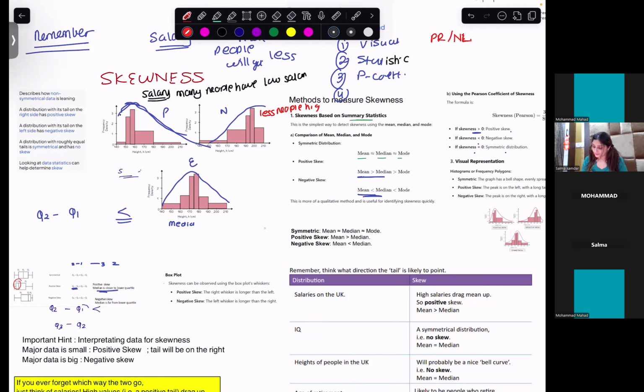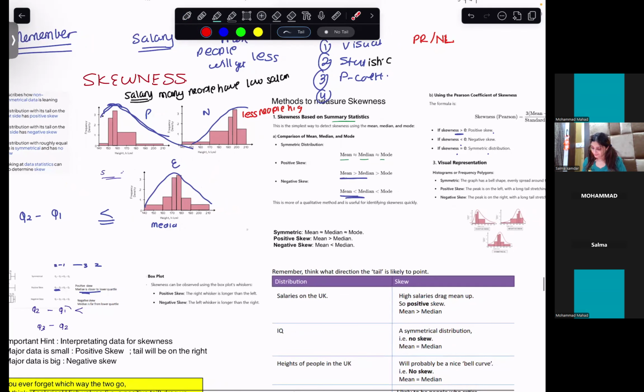The third one, which is the symmetrical skew, shows that the data is spread symmetrically and there is no skewness. This is the first way, the visual way: positive skewness has the tail on the right, negative has the tail on the left, and for symmetric there is no skewness.